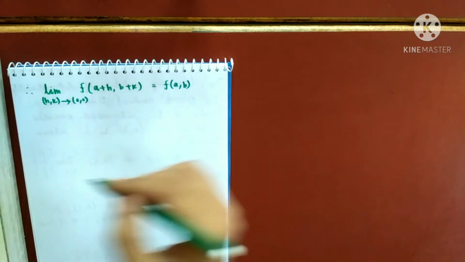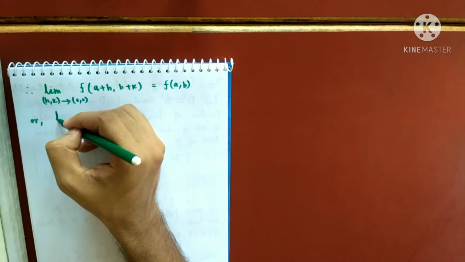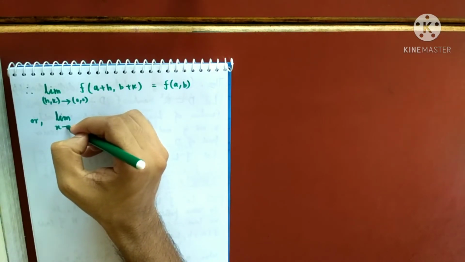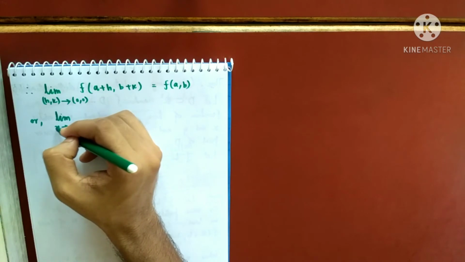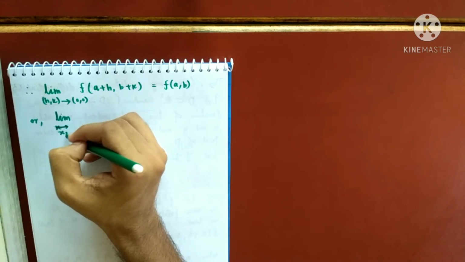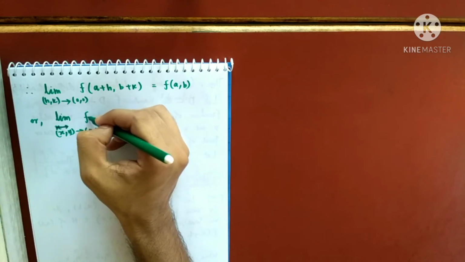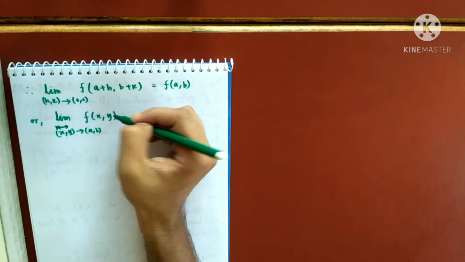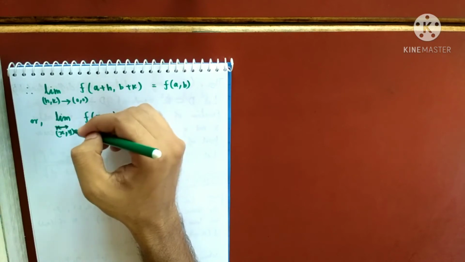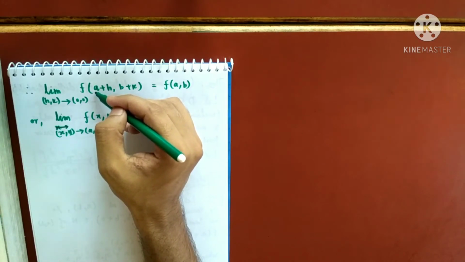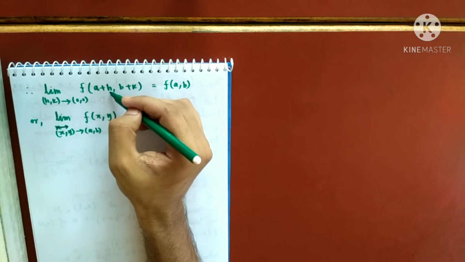This can be expressed as limit x comma y tends to a comma b of f of x comma y, because I am taking this as x and this as y.